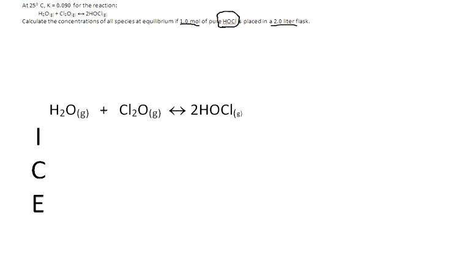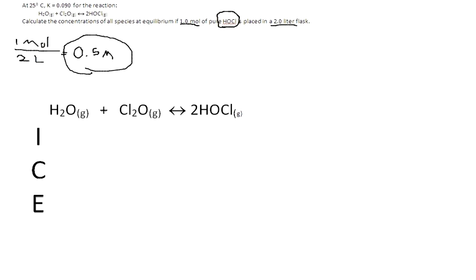So we can figure out the concentration simply by taking 1 mole and dividing it by the thing it's placed in, which is 2 liters, and that's going to equal 0.5 molar, so that's moles per liter. Now, this is our initial concentration.